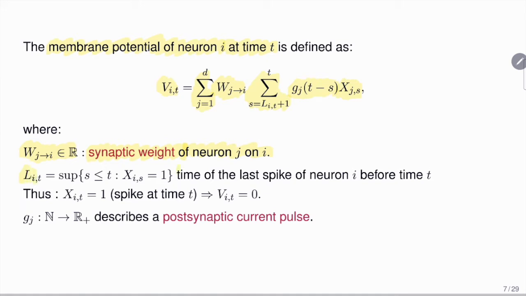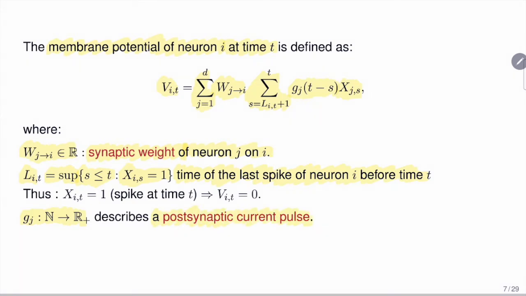L_i(t) is the time of the last spike of neuron i before time t, and is defined as the sup over s smaller or equal than t such that X_i(s) is equal to 1.